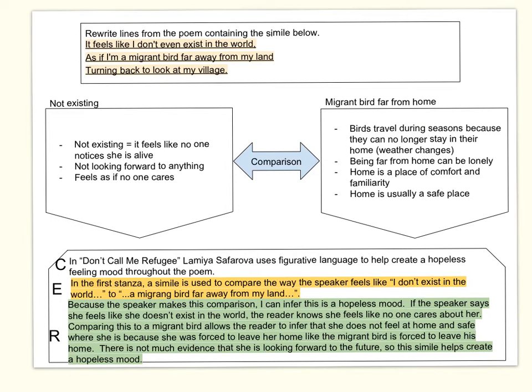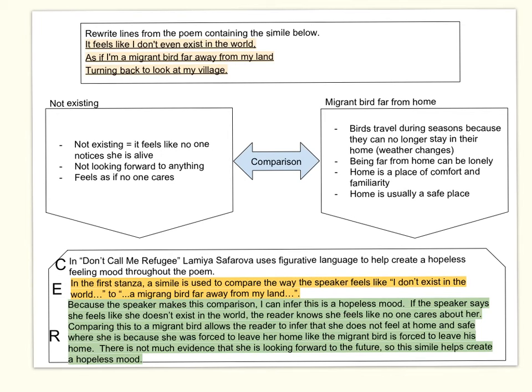Here's how I would fill out those sentences. If you see here in the reasoning part, I wrote, if the speaker says she feels like she doesn't exist in the world, the reader knows she feels like no one cares about her. Comparing this to a migrant bird allows the reader to infer that she does not feel at home and safe where she is because she was forced to leave her home like the migrant bird is forced to leave his home.